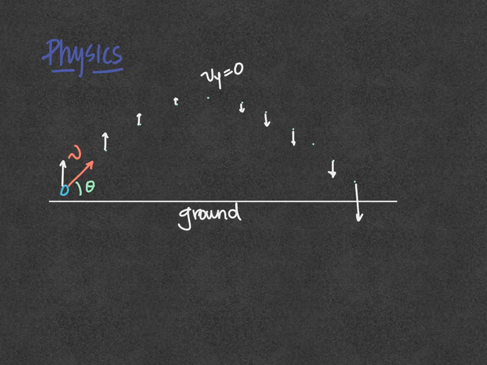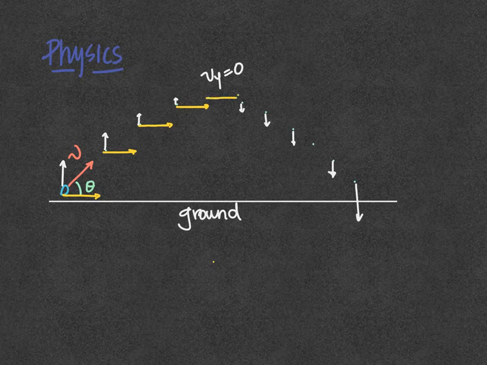Now, the velocity in the x direction, the x component of the velocity, is the same throughout. The velocity in the x direction does not change because there's no acceleration in the x direction.